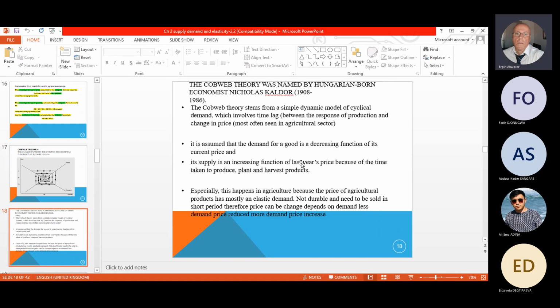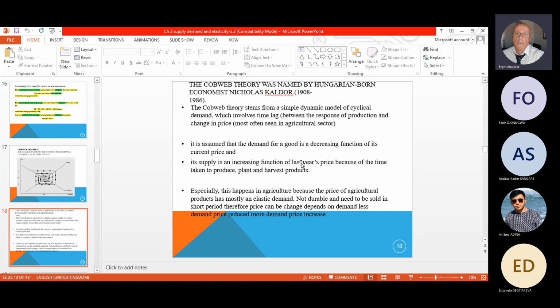The Cobweb theorem was named by the Hungarian-born economist Nicholas Kaldor, and it stems from a simple dynamic model of cyclical demand, which involves a time lag, which means you are going to slow it down by taking the former period of time, and it is affecting and changing the deviation of this spider network.